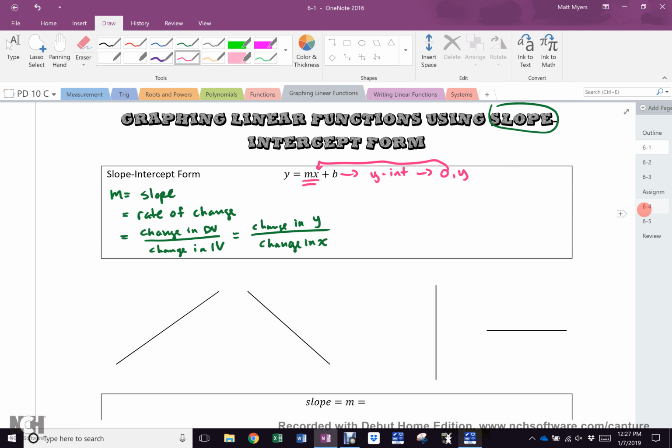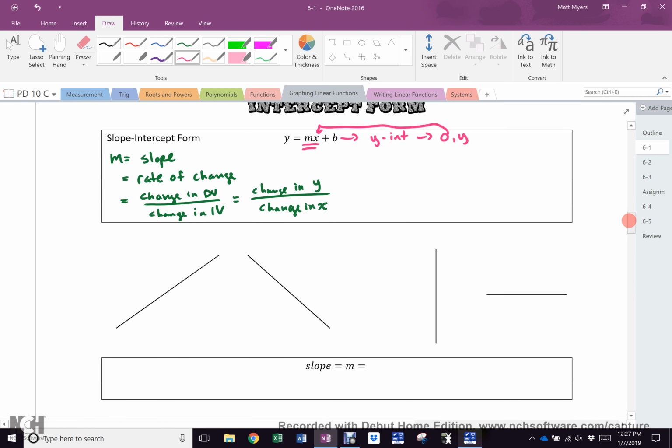Okay. So let us apply this to knowledge. Here I have a line, correct? That line is not on a graph right now, is it? It's just a line on the piece of paper, right? Everybody make it so it's on a graph.